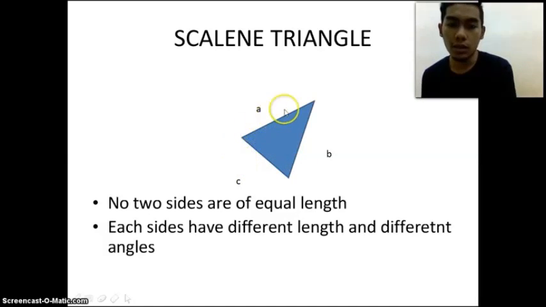It means that all the sides in this triangle are different. So these triangles are called scalene triangles, and there are no equal lengths and no equal angles.